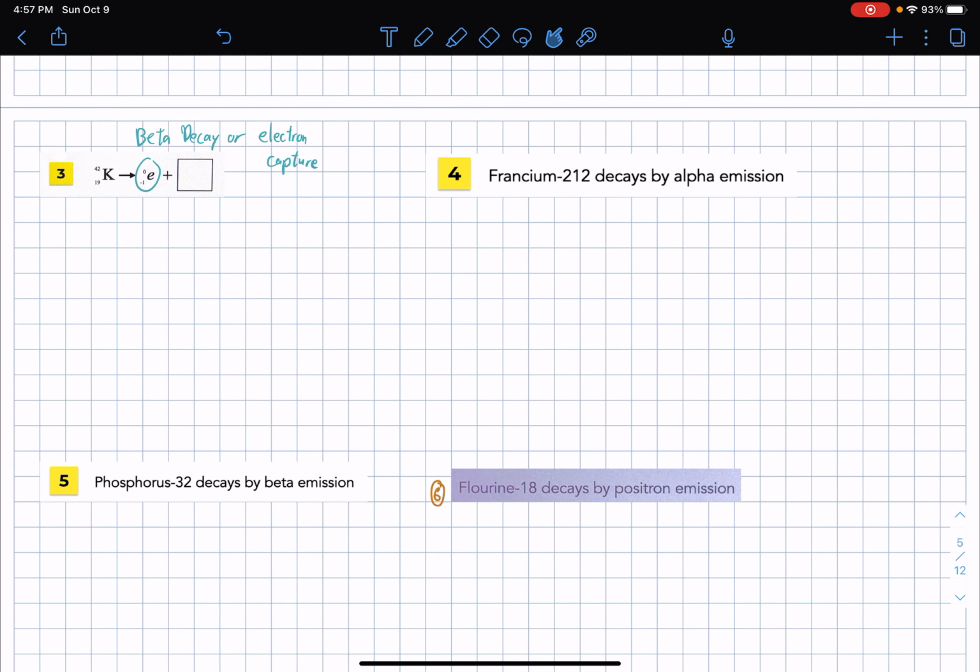I'll just recall what my teacher said about the definite difference between beta decay and electron capture. Alright, I think I can see now.